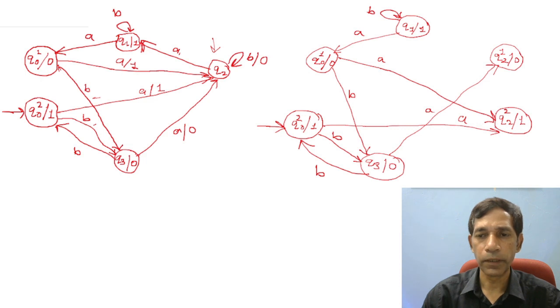And we have only 1 incoming edge for the 0.